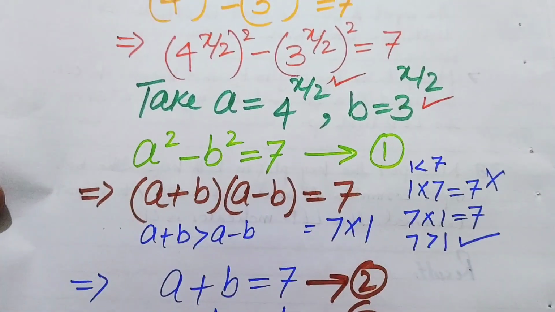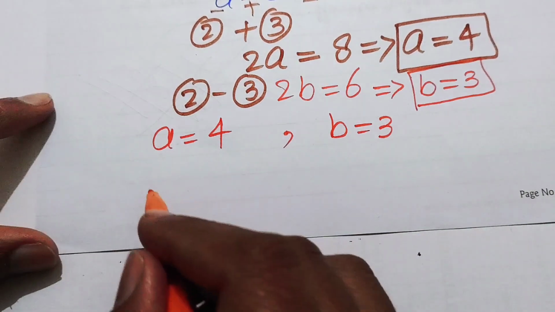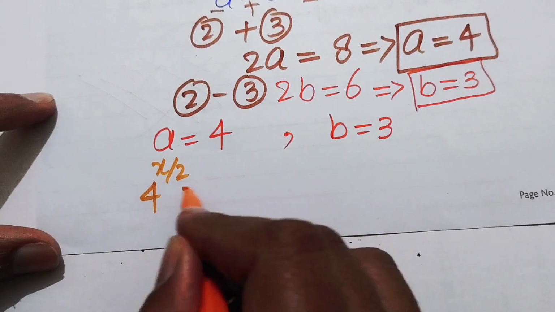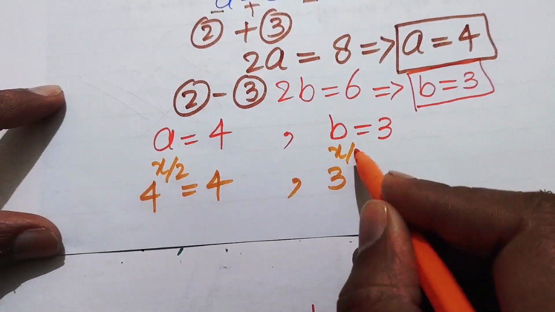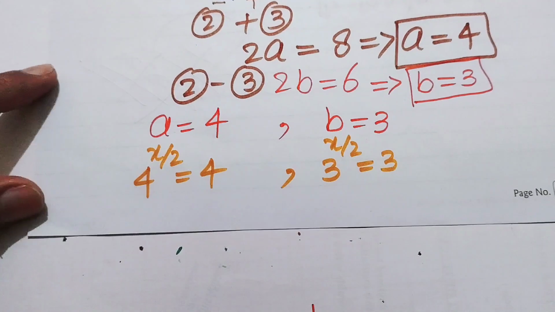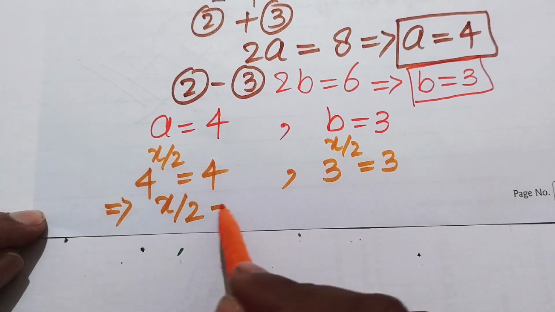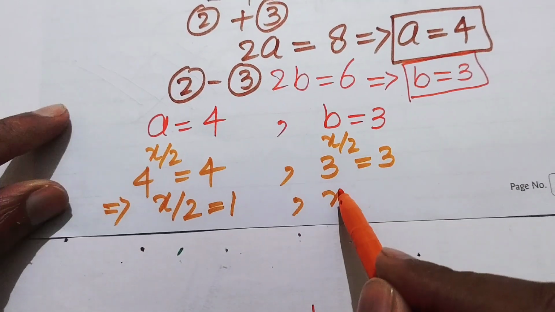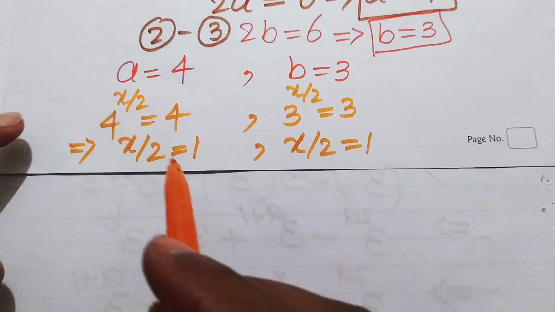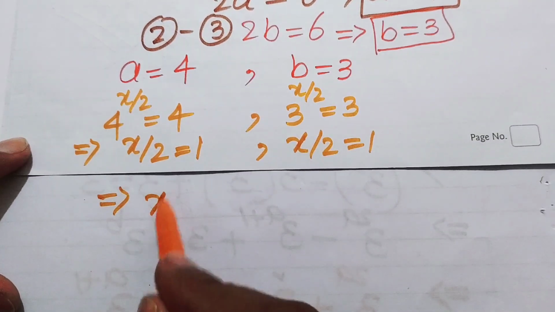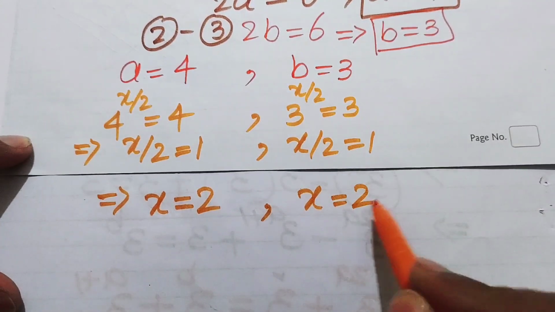Putting in these values, we get 4 to the power of x over 2 equals 4, and 3 to the power of x over 2 equals 3. Comparing both sides, we get x over 2 equals 1 in this case, and again x over 2 equals 1 in the other. Simplifying both cases, x is 2, and similarly x is also 2.